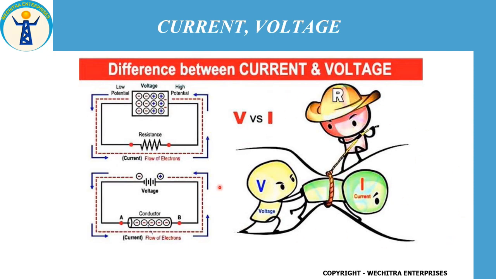In this picture, you can see an easy depiction of current and voltage. Current is the flow of electrons through a conductor. A conductor can be your wire or your cable. Resistance is the property of the conductor to resist that flow of current.